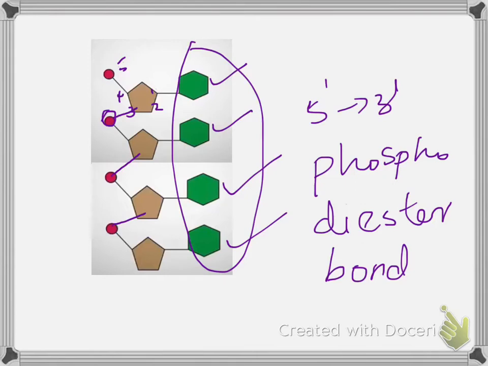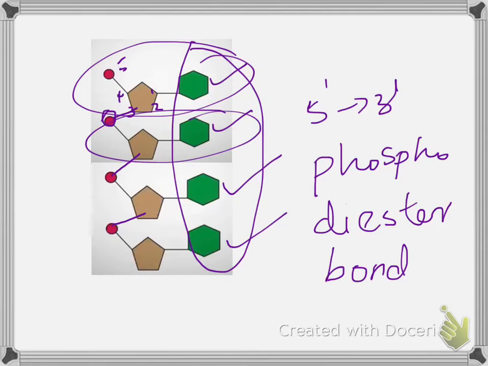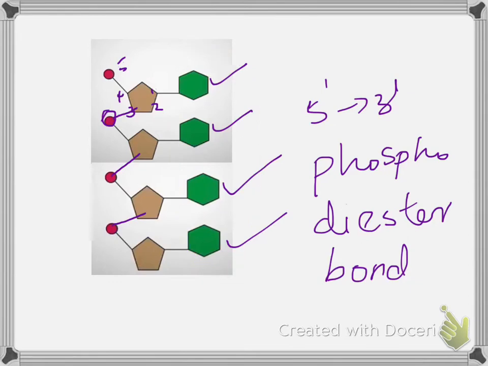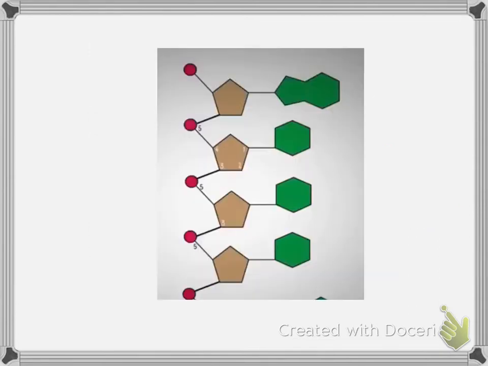Here you can see four nucleotides linked by the sugar phosphate backbone through 5' 3' phosphodiester linkages. This is the 5' position, this is the 3' position, and the linkage is between these two. Here also like this, so we get a structure like this.